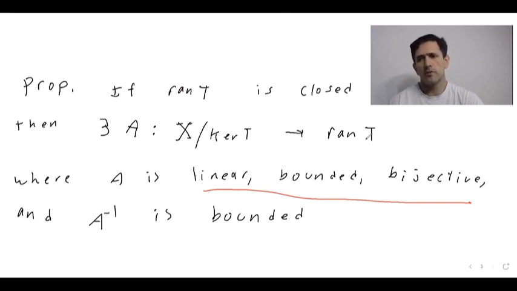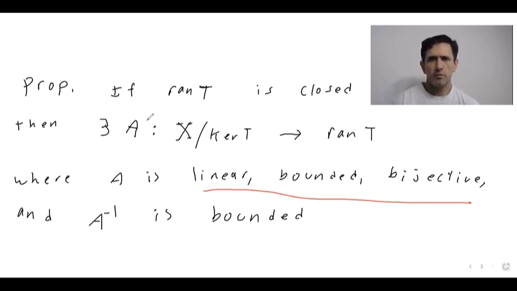The range of T we're assuming is closed, and hence it's a closed subspace of a Banach space, and hence is a Banach space itself. So that means by the inverse mapping theorem, A inverse is going to be bounded.